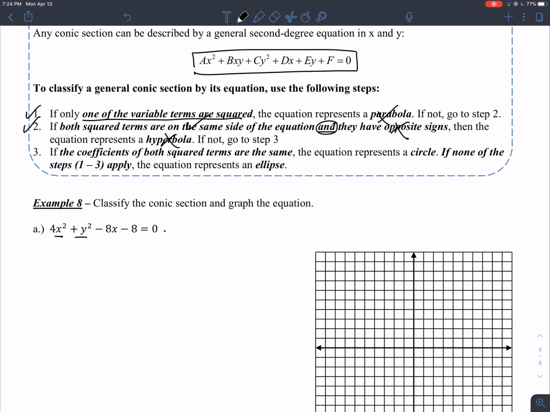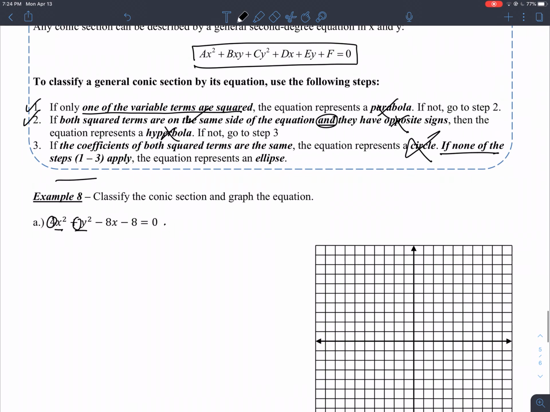If the coefficients of both terms are the same, then it's a circle. This is not a circle. Okay? So, if none of those work, it's an ellipse. Okay, so the 2 coefficients are not the same, they have the same sign, and they're on the same side of the equation, and therefore it's an ellipse.